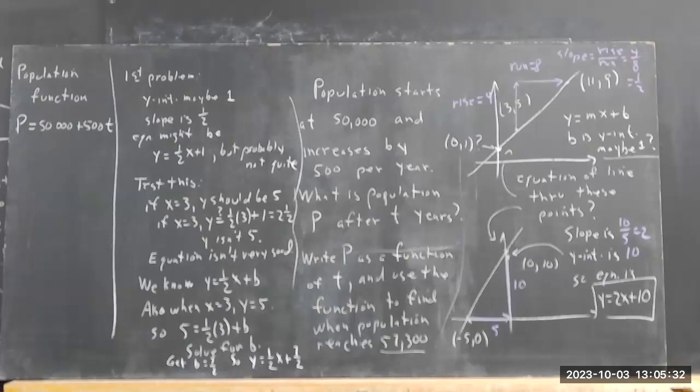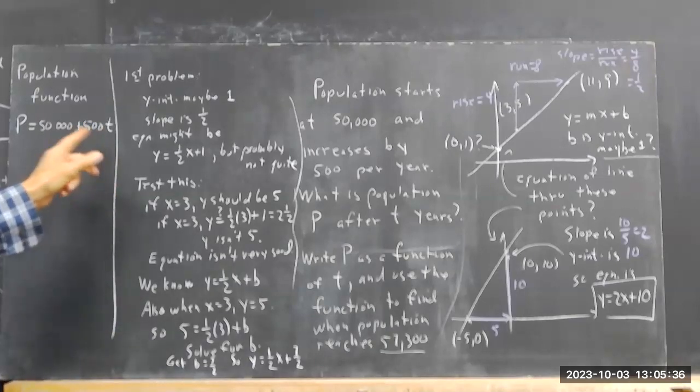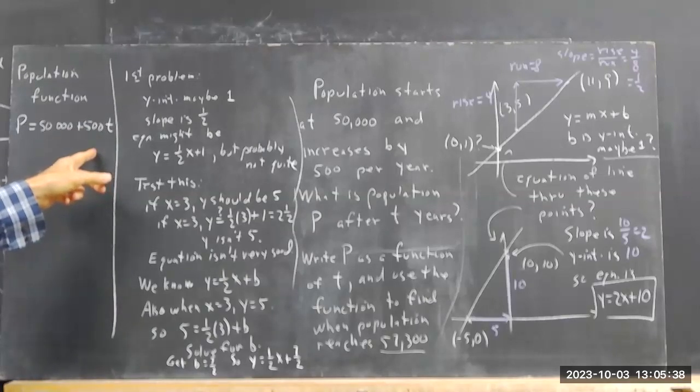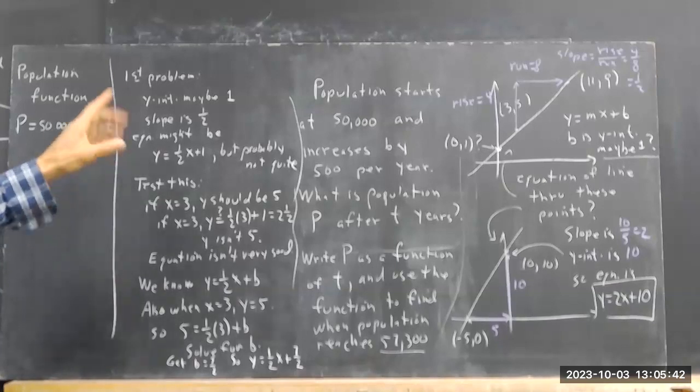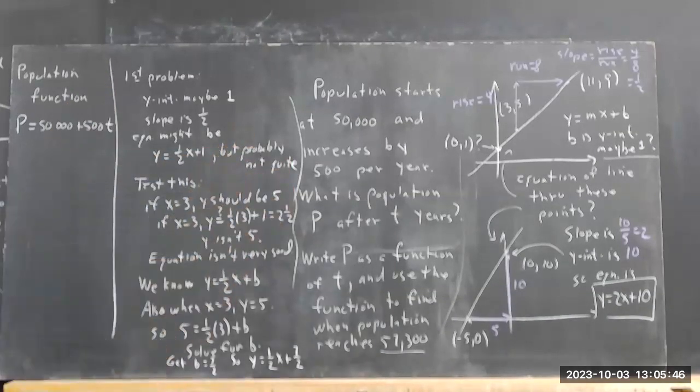Because every year you add 500. If t is 1 year, then you will have added 500 and you'll have 50,500. If t is 10 years, 500 t would be 5,000. So you would have added 5,000 at 500 per year, of course, that's what you do add. So you get 55,000.